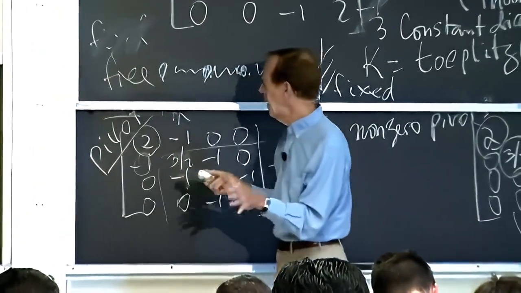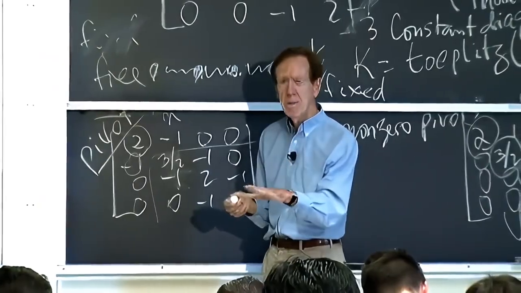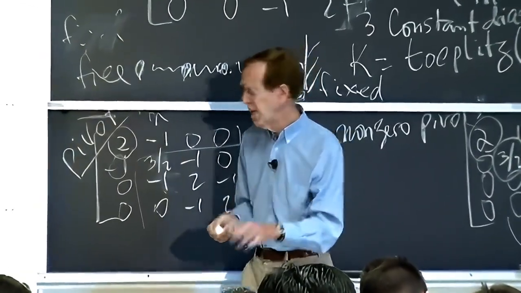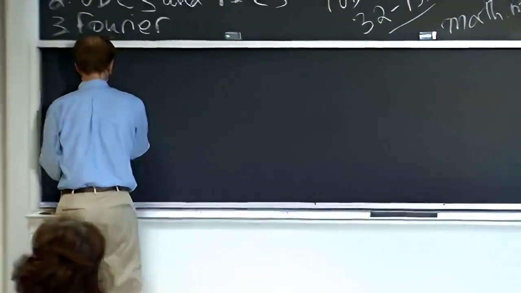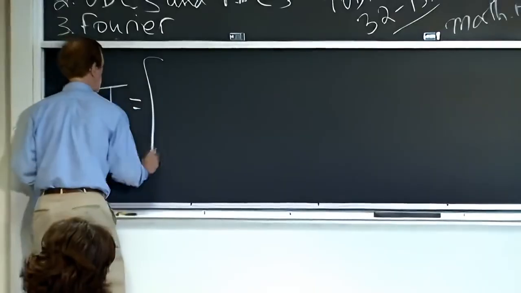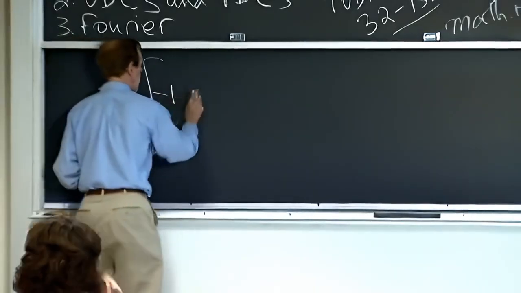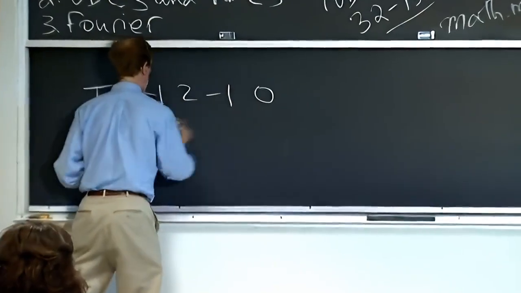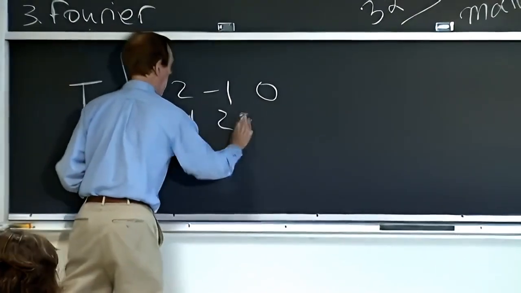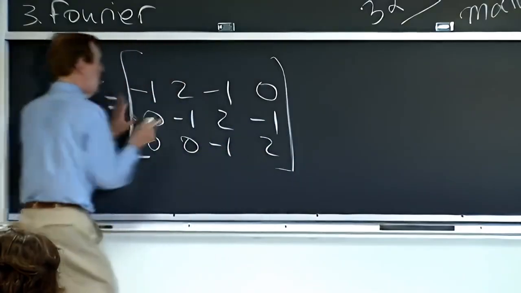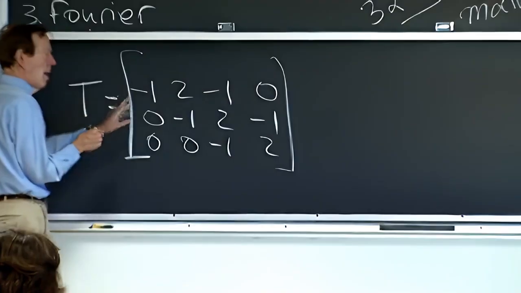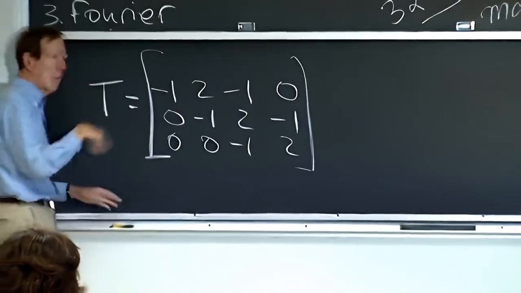And can I tell you the matrix, the free fixed matrix? Free fixed will be, because it's the top end that I changed, I'm going to call it T. So all the other guys are going to be the same. But the top one, the top row is the boundary row.